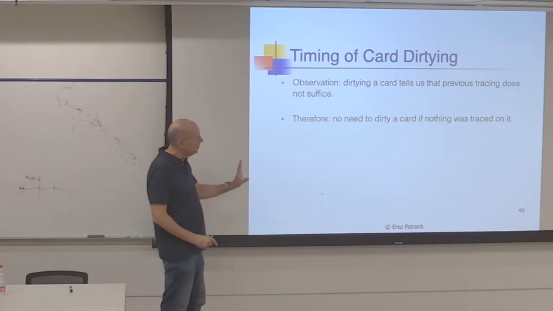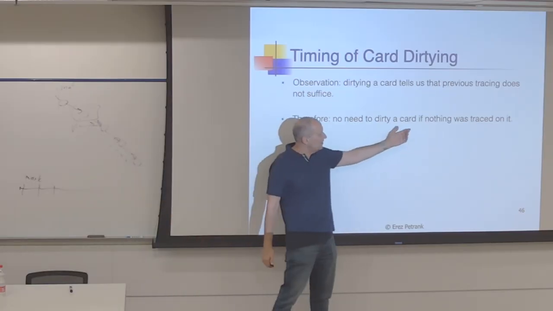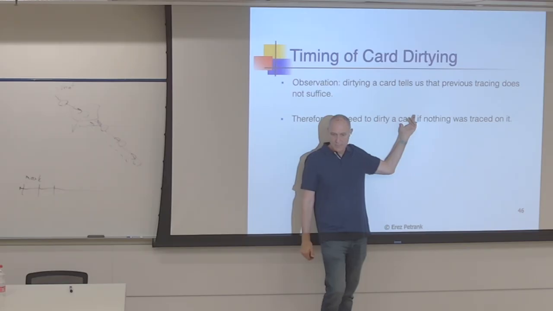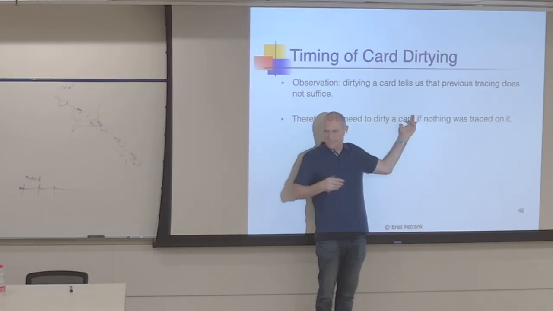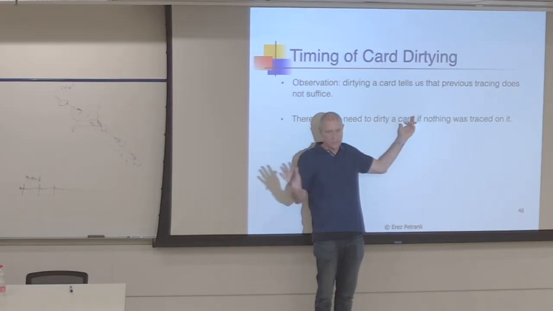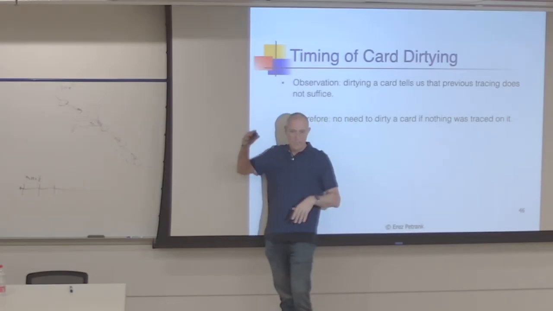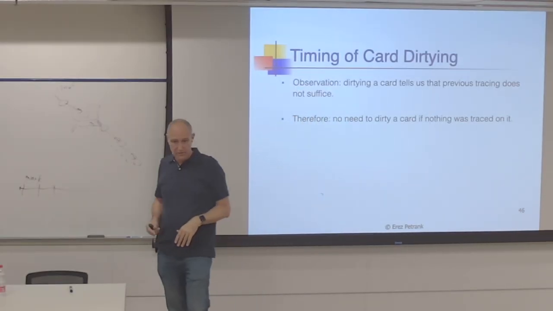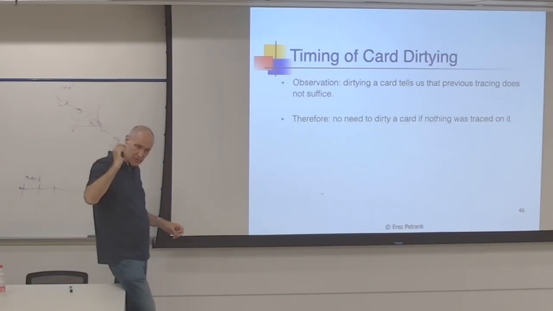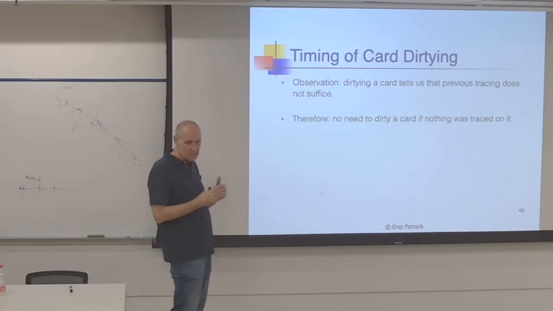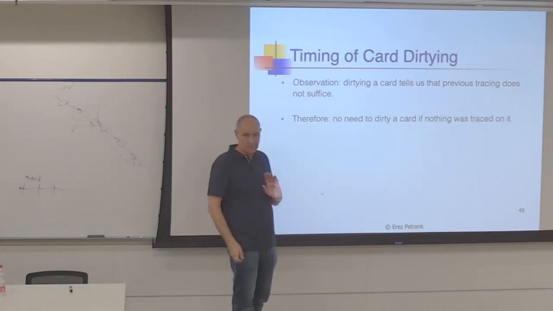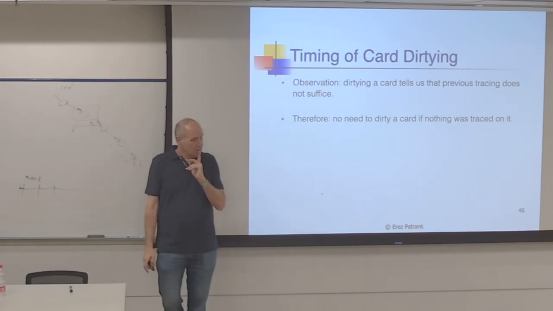I just look at the card, and if there's nothing on this card that has been traced, then also the object that I'm changing has not been traced. This is a conservative test, which is very quick. I'm going to have another bit per card that says, have I traced anything on this card? And if nothing has been traced on this card, there is no reason to make this card dirty. Okay?